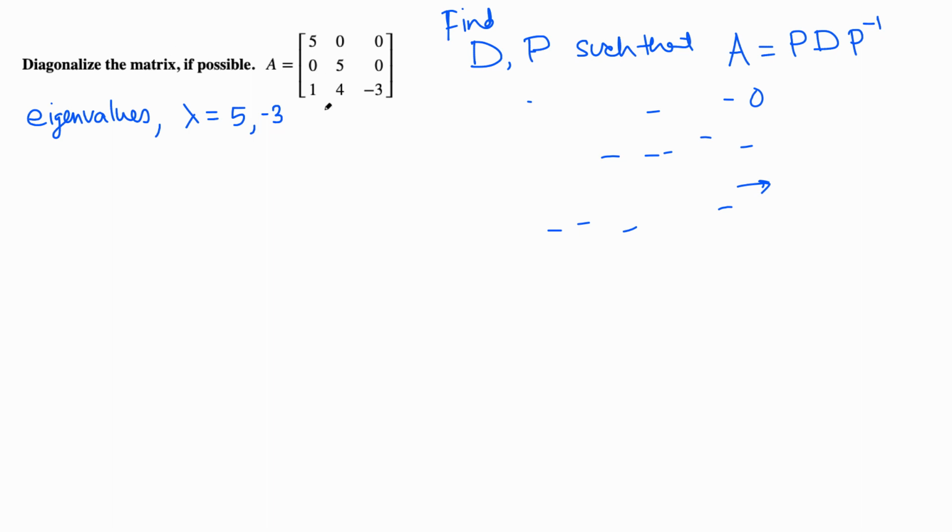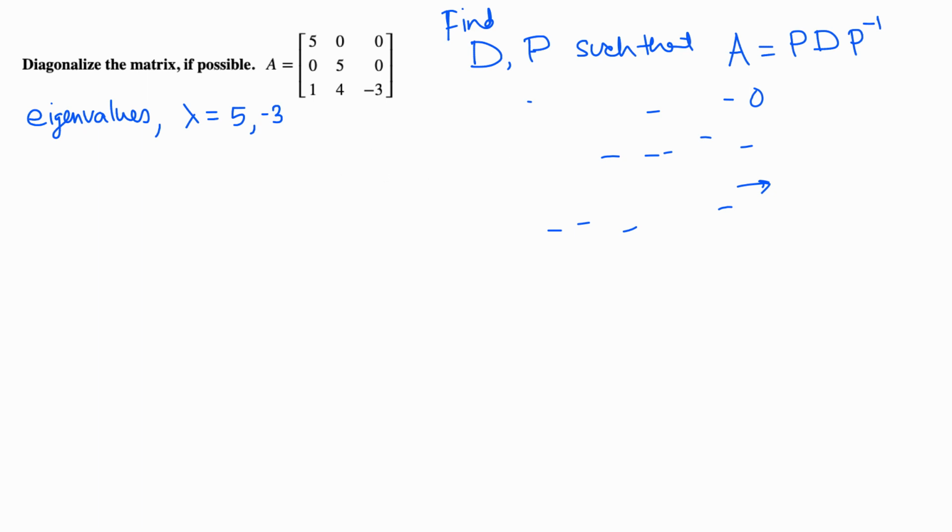For this matrix to be diagonalizable, from these two eigenvalues we need to get 3 linearly independent eigenvectors. If we find just one eigenvector from each of these two eigenvalues, then this matrix is not diagonalizable.